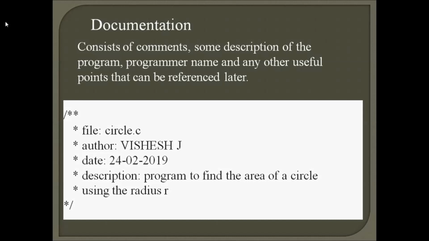It gives information about the type of file, that is a C file, the author, that is me, Vishesh, the date when this program was created, and a simple description of what this program is going to do.